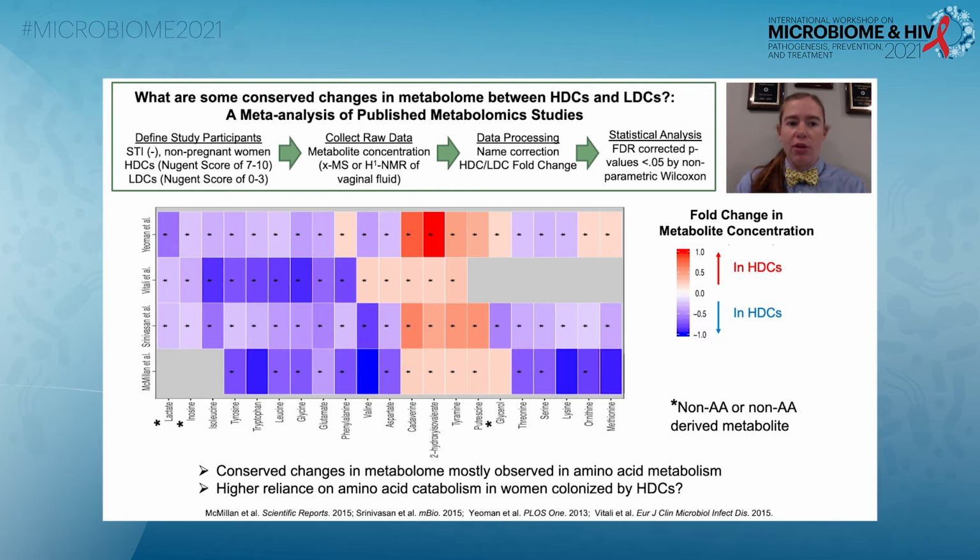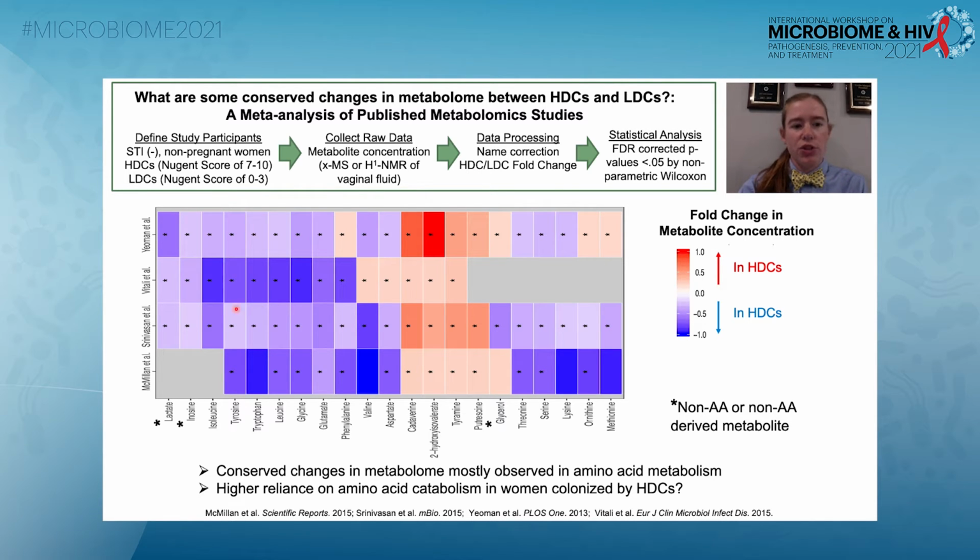So we started out by asking what are some conserved changes in the HDC versus LDC metabolome. And to do this, we conducted a meta-analysis on metabolomic studies that collected vaginal fluid from either HDC or LDC colonized women, and then we calculated the relative fold change in metabolite concentration across these studies.